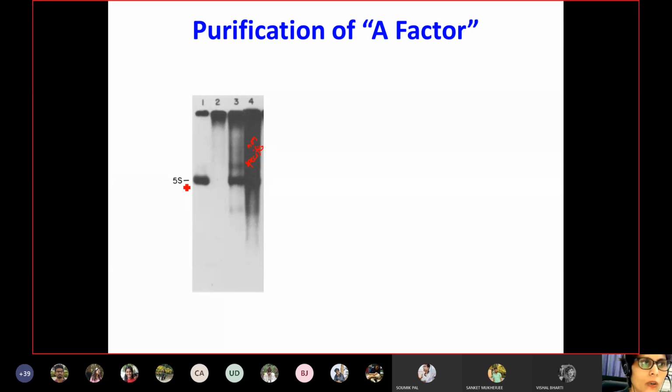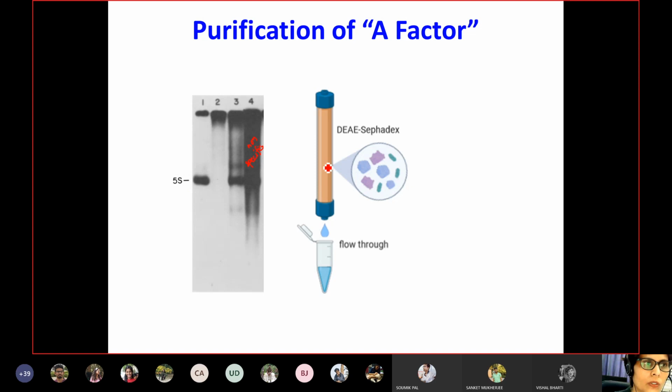Now, when this whole cellulase eluate was passed on to this DEAE Sephadex column, this is done basically to absorb endogenous RNA polymerase 3. So you have endogenous RNA polymerase 3 bound here. And when you see this flow through, again you take out this flow through alone.